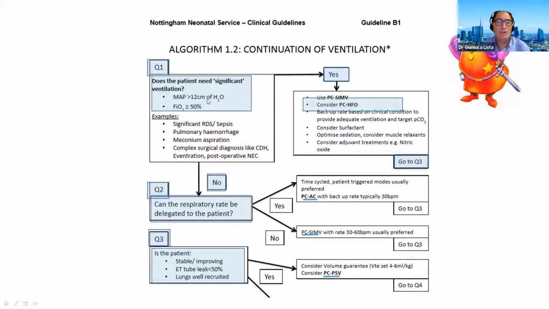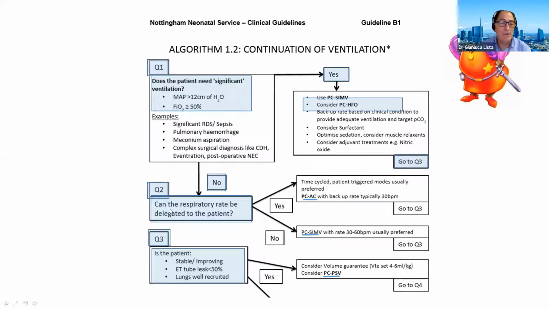For example, how to switch from the conventional mechanical ventilation to a high frequency when the mean airway pressure is too high, the need of FiO2 is increasing, or to decide during the conventional mechanical ventilation which modality could be much more suitable for the baby.